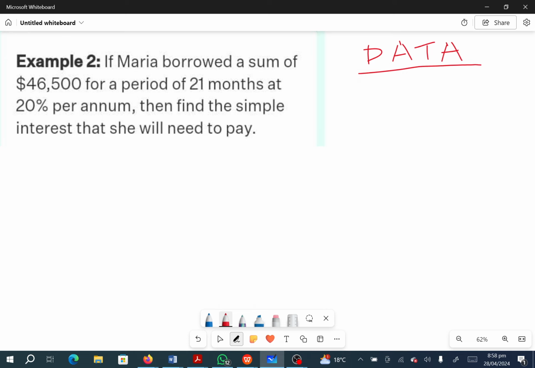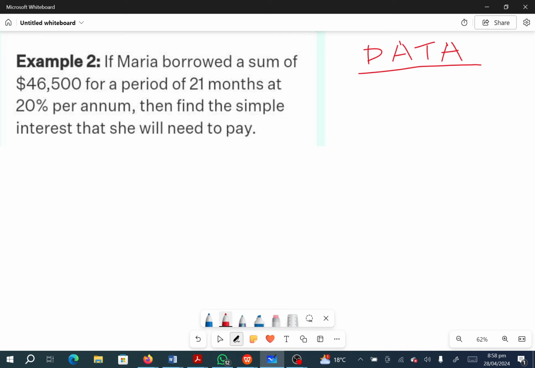So we are saying that Maria borrowed a sum of 46,000 for a period of 21 months per annum. Then find the simple interest that she will pay.